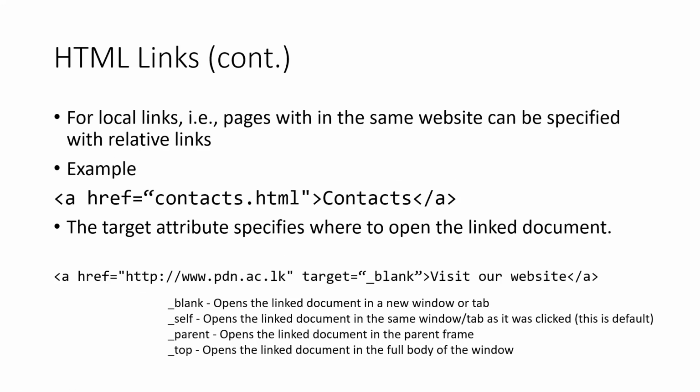Okay, I would like to discuss something else. You can have the links as local links, right? Now, for example, if you want to open something in a new window or a tab, we can use the target attribute.